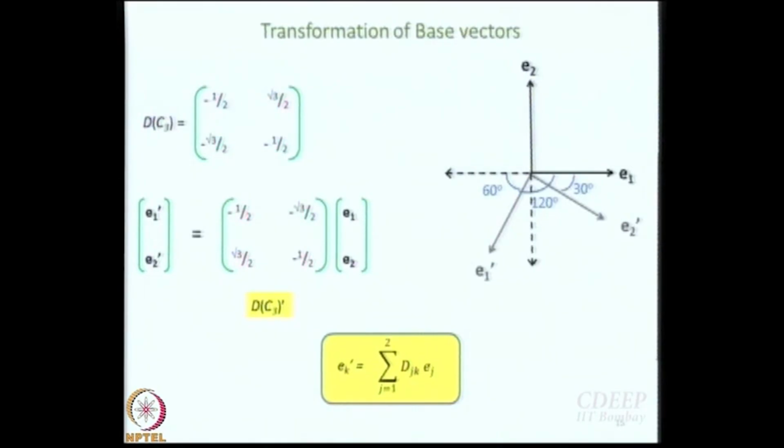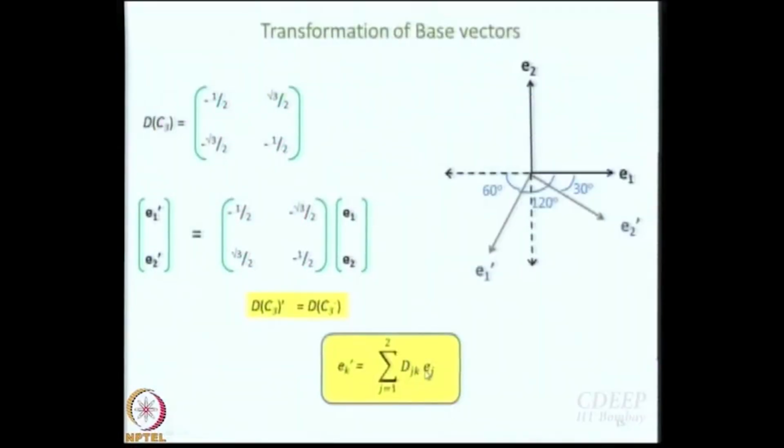What I am doing here is that generally it would be row multiplied by column, but here when I am working with this unit matrix, I can use the same transformation matrix that I get from transformation of coordinates and multiply not by row but by column. That is what gives me sum over j djk ej.